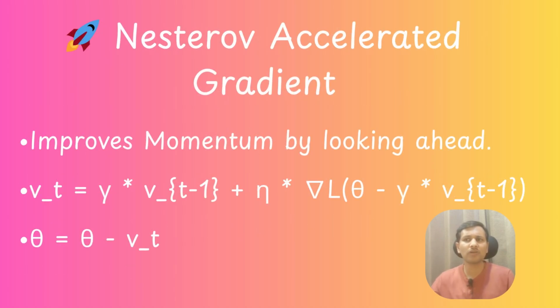We also have Nesterov accelerated gradient, which improves momentum by looking ahead. Another term is added: theta minus learning rate into V of t minus 1. So our loss function is a function of this extra term added in the Nesterov accelerated gradient.